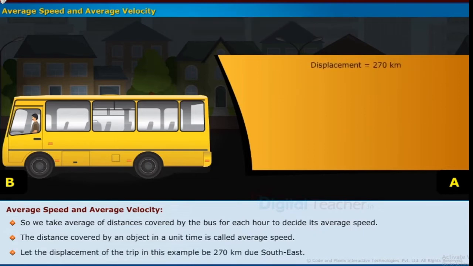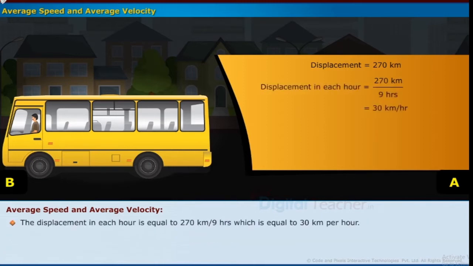Let the displacement of the trip in this example be 270 kilometers due southeast. The displacement in each hour is equal to 270 kilometers per 9 hours, which is equal to 30 kilometers per hour. The displacement of an object per unit time is called average velocity.